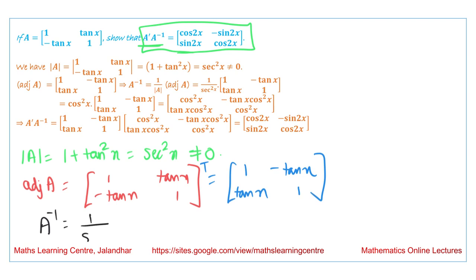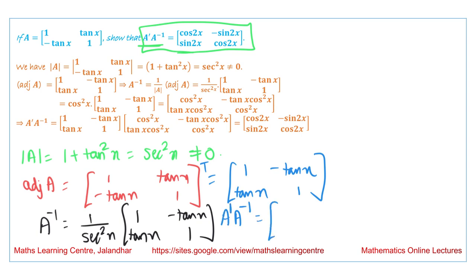Next we calculate A inverse. So it is 1 over secant square x into 1 minus tan x and 1. Next thing that we have to calculate is A transpose into A inverse.